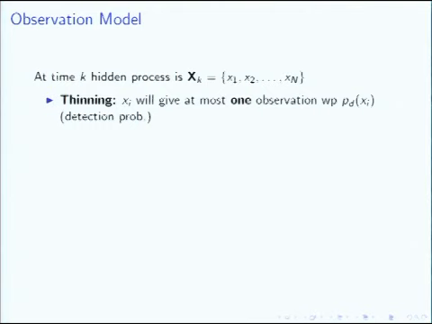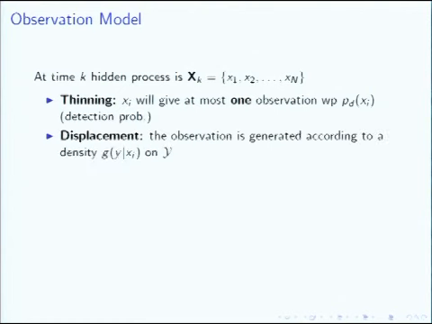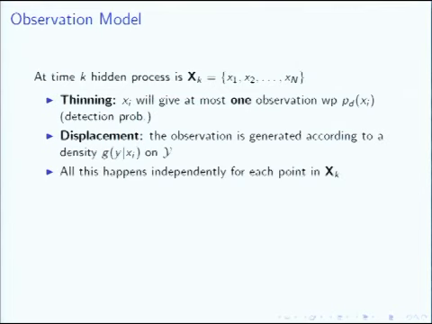With probability pd(xi), the ith point will give you an observation. If it does, the observation generated by the ith point will be drawn according to some density on y. This process is repeated independently for all the points in the realization xk.